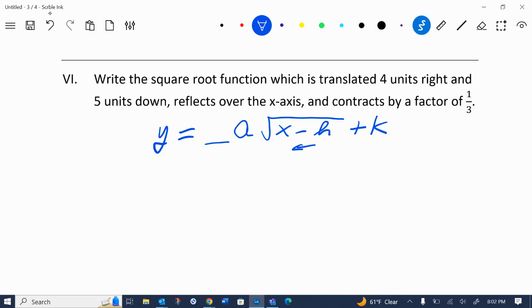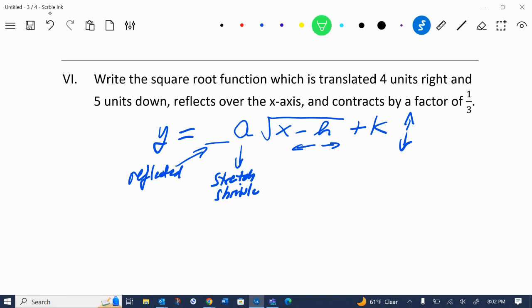H is the horizontal change, k is the vertical change, and a is the stretch or shrink. And the negative is if it is being reflected. So it can be reflected, stretched, or shrunk.